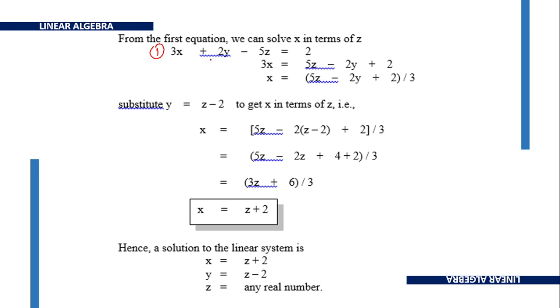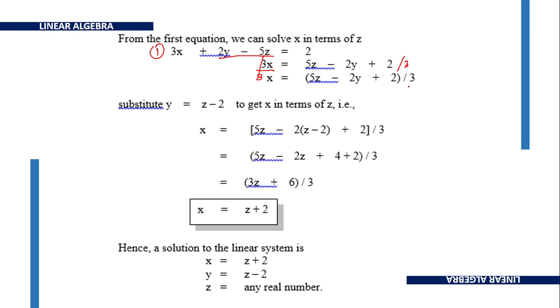I-transpose natin ito sa right side. So, we have 3x is equal to 5z minus 2y plus 2, kasi magiging positive na to since ito ay negative 5z, at magiging negative since ito ay positive 2y. Then, dinivide both sides lang by 3. Kaya siya naging x is equal to (5z minus 2y plus 2) divided by 3.